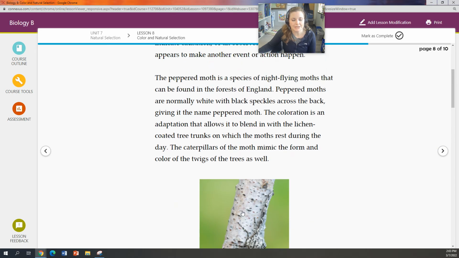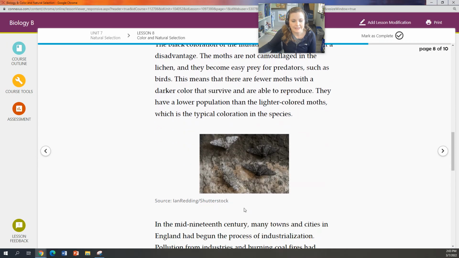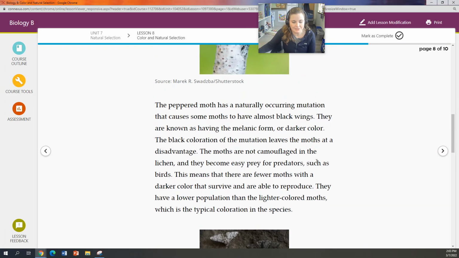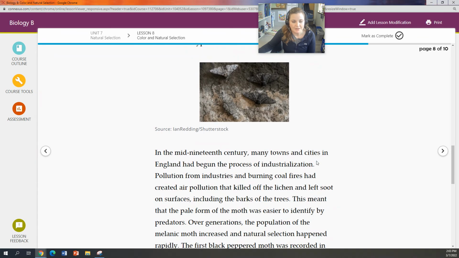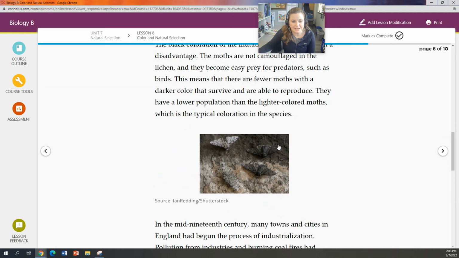Well, there's actually a natural variation of this moth that's almost completely dark, and it's called the melanic form, and we can see it right here. The melanic form was not a very common variation that they saw. However, after the beginning of the Industrial Revolution, we saw a lot of pollution from industrialization, burning coal and the coal fires creating tons of air pollution, resulting in really dirty and sooty trees.